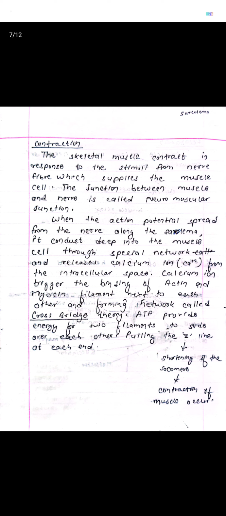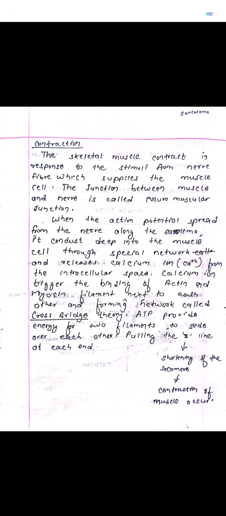Mechanism of muscle contraction. The skeletal muscle contracts in response to stimuli from the nerve fiber which supplies the muscle cell. The junction between muscle and nerve is called the neuromuscular junction. When the action potential spreads from the nerve along the sarcolemma, it conducts deep into the muscle cell through a special network and releases calcium ions from the intracellular space.